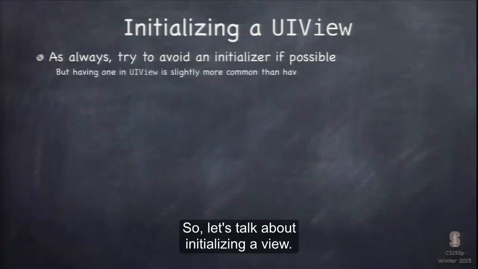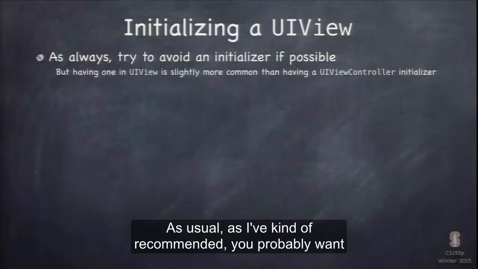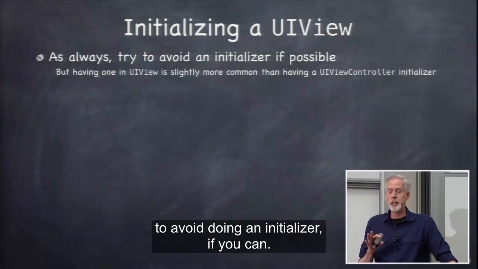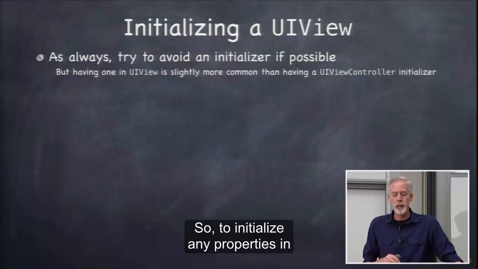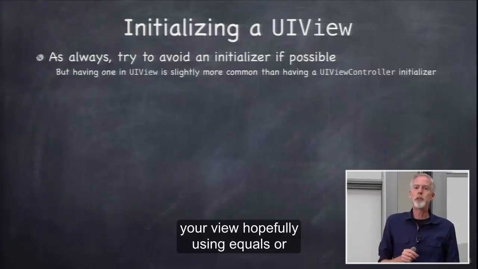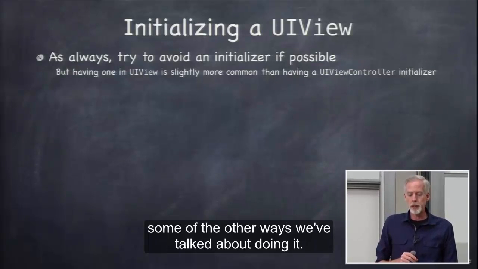Okay? So let's talk about initializing a view. As I've recommended, you probably want to avoid doing an initializer if you can. So initialize any properties in your view, hopefully using equals or some of the other ways we talked about doing it.